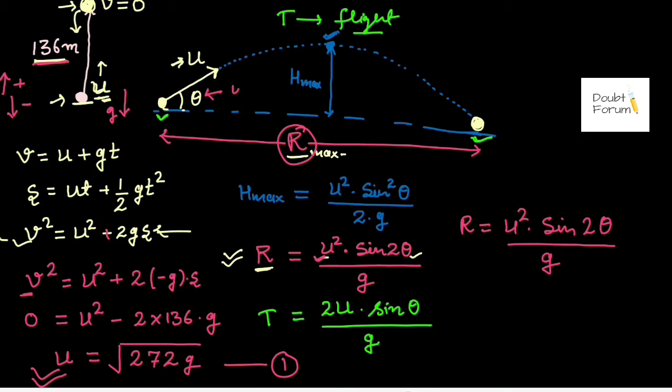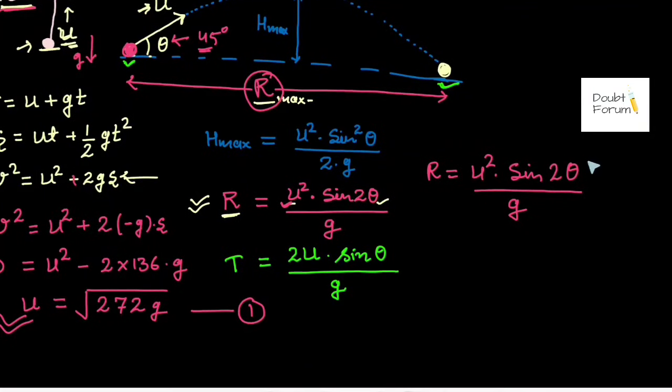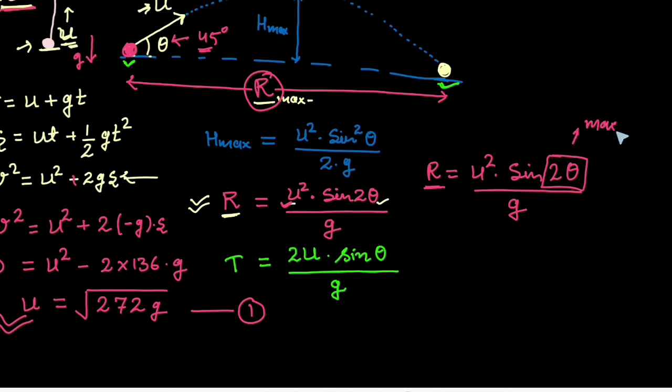thrown at an angle of 45 degrees. If you throw the projectile at any angle other than 45 degrees, it would not cover the maximum distance. This is also clear from here. For the value of R to be maximum, sine 2 theta should be maximum. And when would the value of sine 2 theta be maximum?